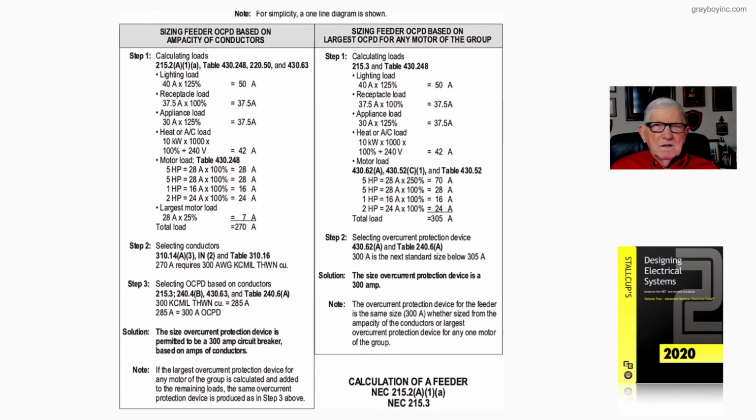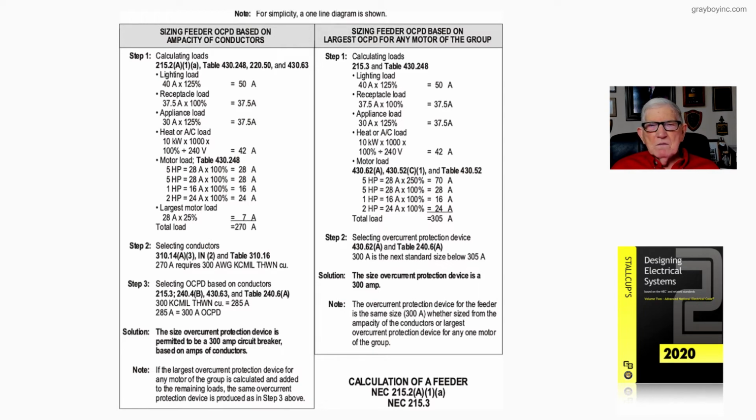Now, sometimes designers fail to do this, where it's engineers, electricians, contractors who may be doing this. But they fail to size the overcurrent device based upon the largest motor, say, of the group. You got to run 2 calculations here. So calculating the loads based upon the overcurrent device instead of the conductor ampacity calculated, 215.3 and table 230.48.